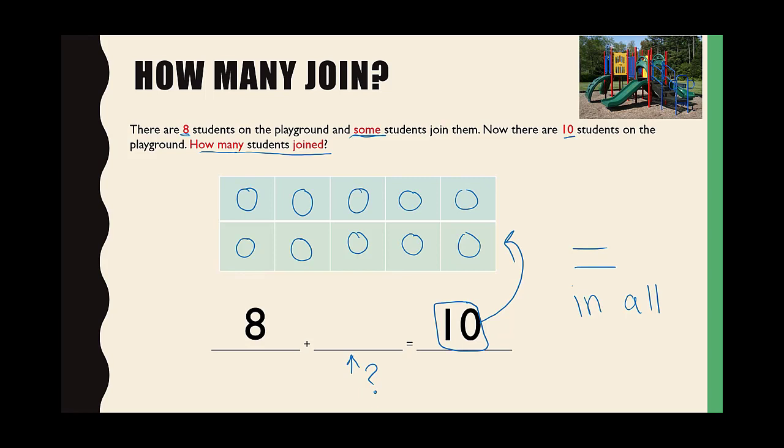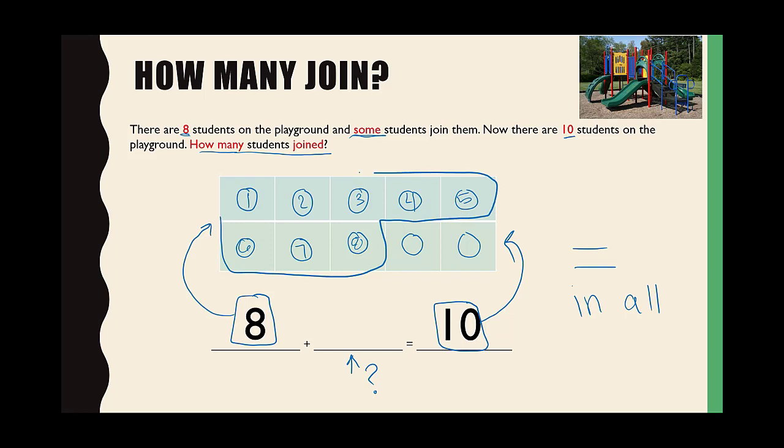And then we're going to take this number 8, we're going to count out 8 of our circles. 1, 2, 3, 4, 5, 6, 7, 8. And we're going to circle all these and show this is our group of 8. Then we're going to look at what is left over.